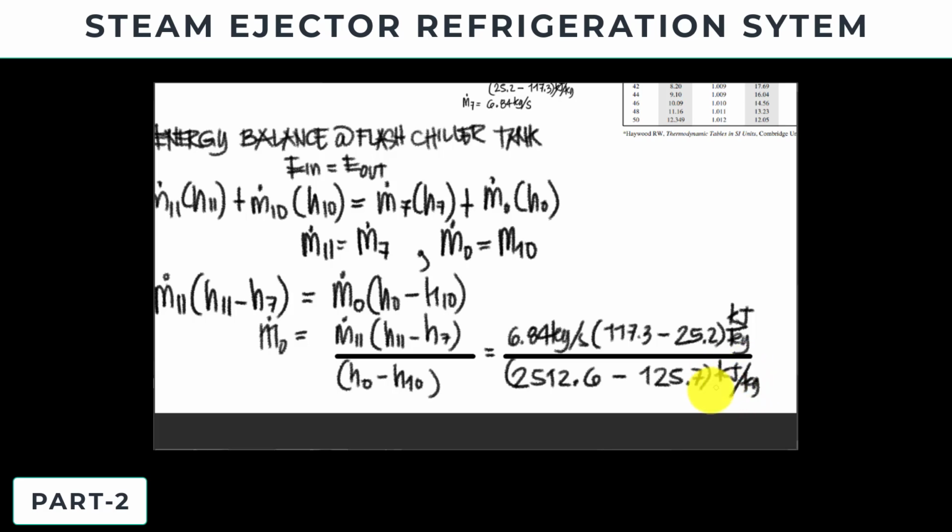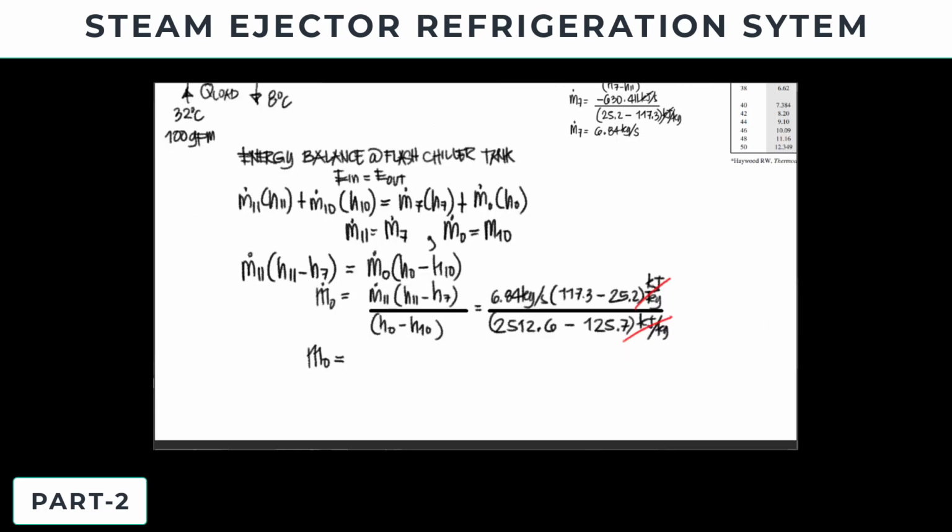So we can cancel here the kilojoule per kilogram, and we are able to get the value of your mass flow rate. Now the value of mass flow rate is equal to 0.263 kilogram per second.